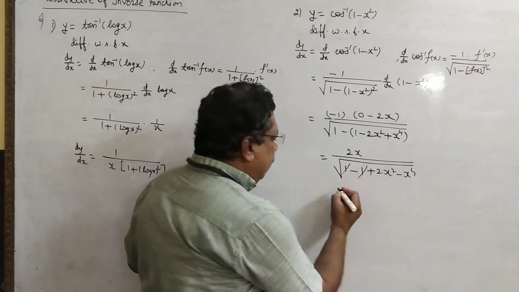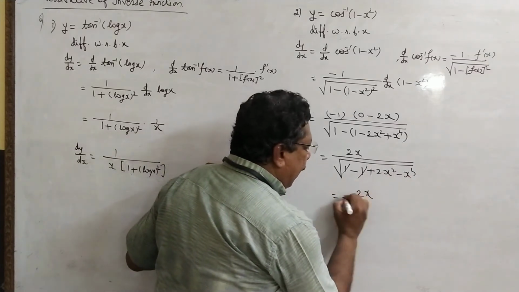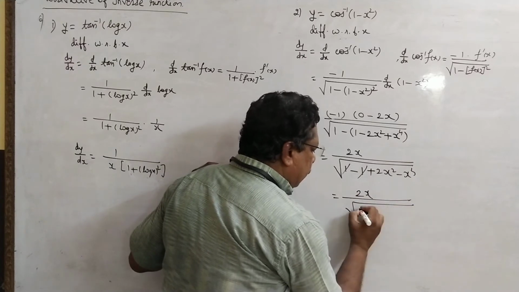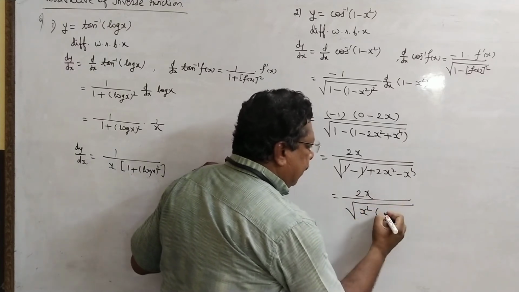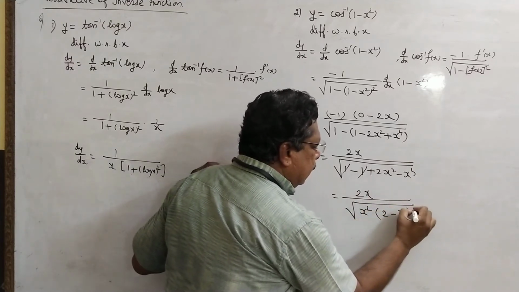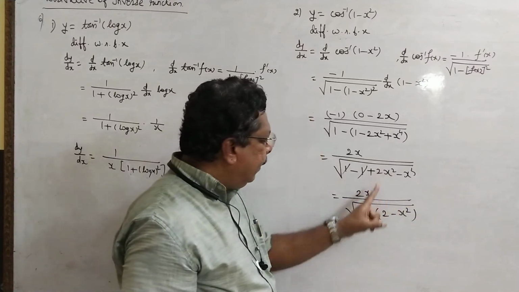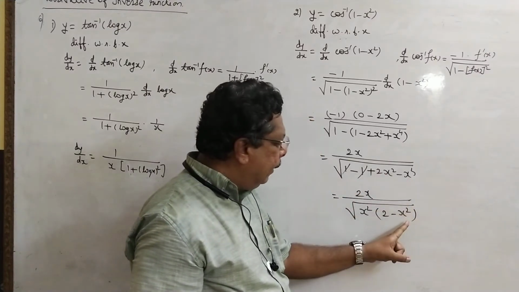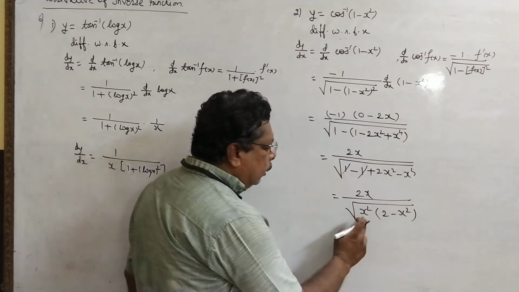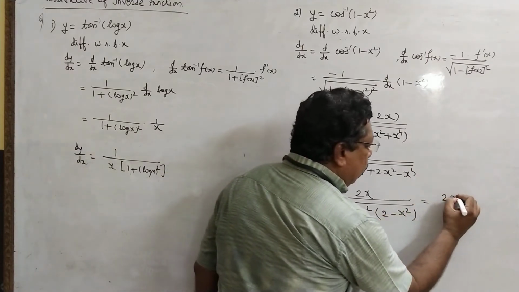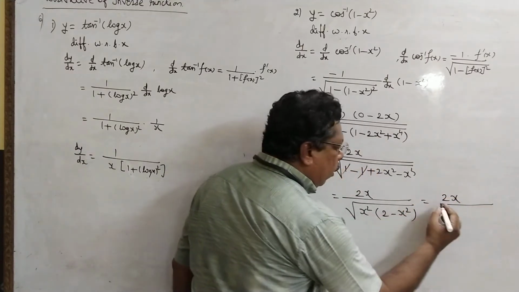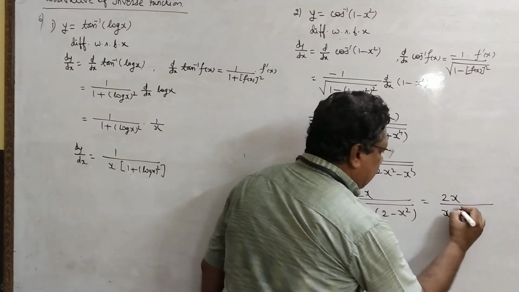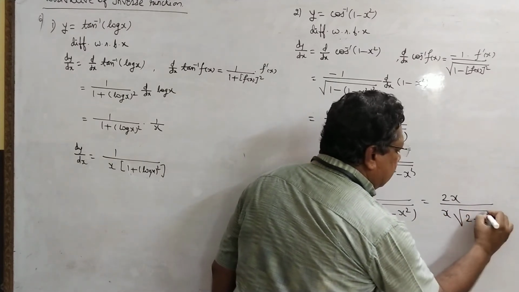Take x square common. 2x upon under root x square common, in bracket 2 minus x square. X square common, remaining is 2. Here x square common, remaining is x square. Now take the square root of x square. 2x upon square root of x square is x into under root 2 minus x square.